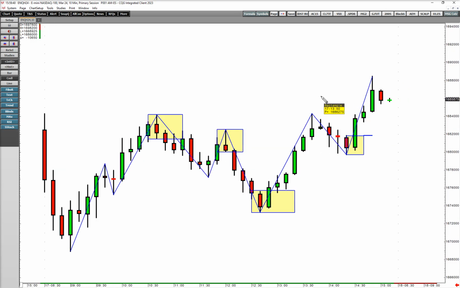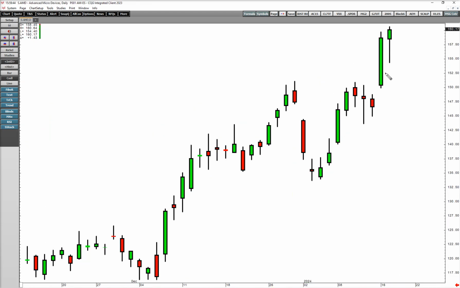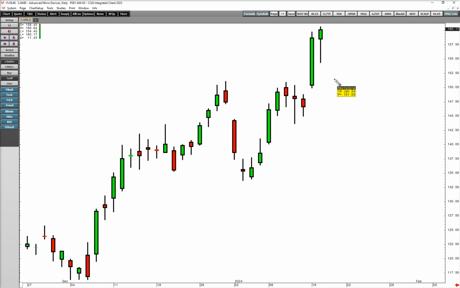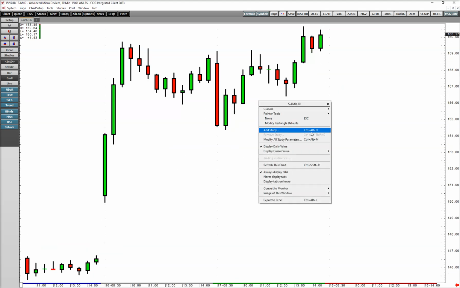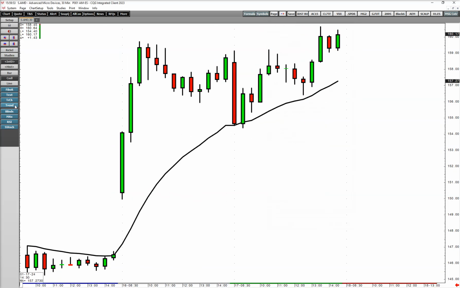A couple of leading stocks on the NASDAQ. If you remember, AMD had this monstrous rally yesterday. And if you bring it down to a 30-minute, throw in the 20-period moving average, you'll see that yesterday you had this pullback and you had this rally back.